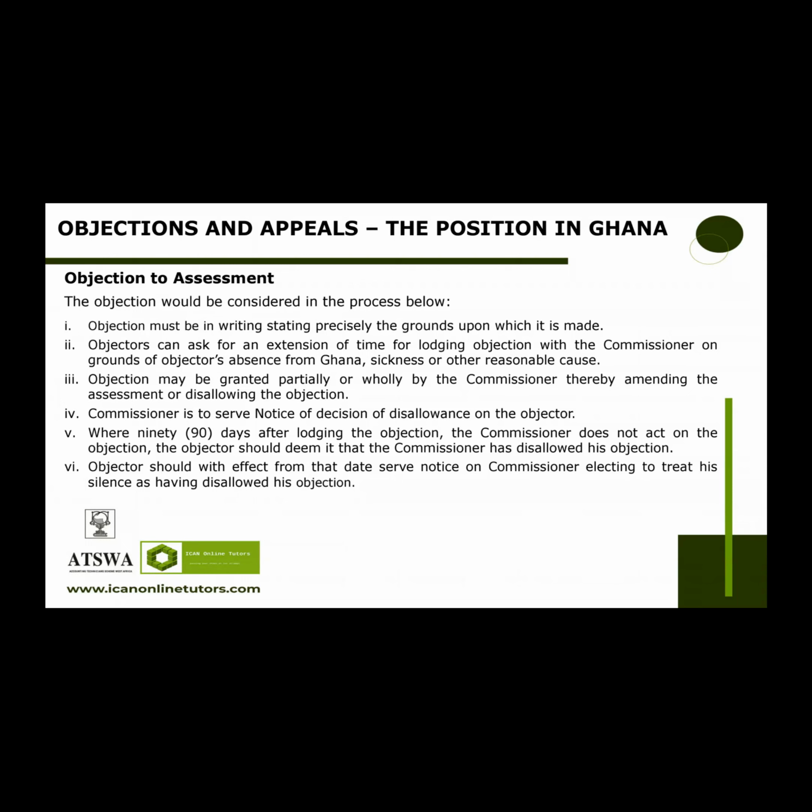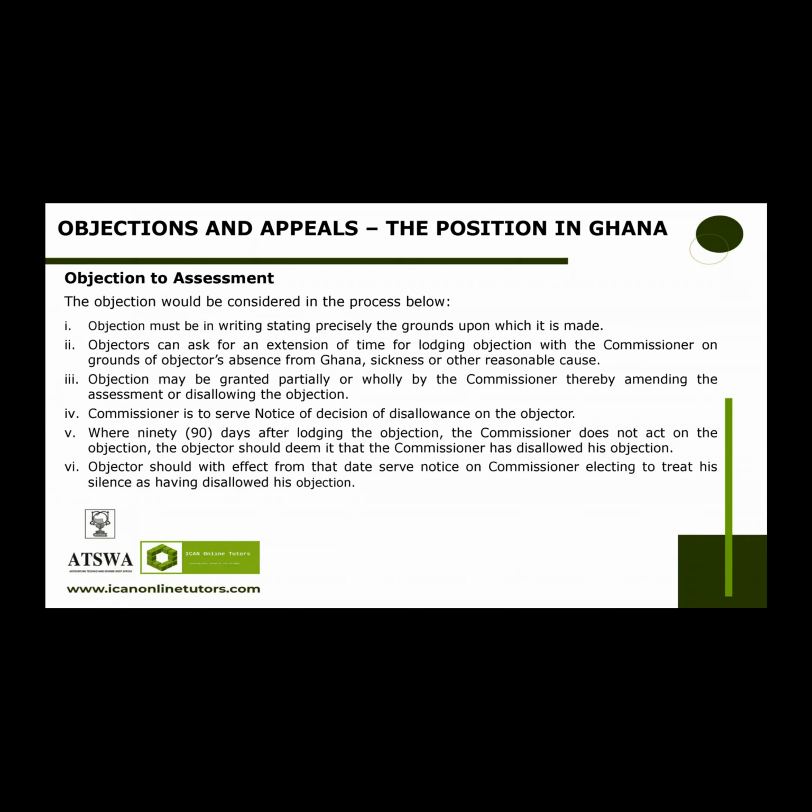Objection may be granted partially or wholly by the commissioner, thereby amending the assessment or disallowing the objection. Commissioner is to serve notice of decision of disallowance on the objector. Where 90 days after lodging the objection the commissioner does not act on the objection, the objector should deem it that the commissioner has disallowed the objection.